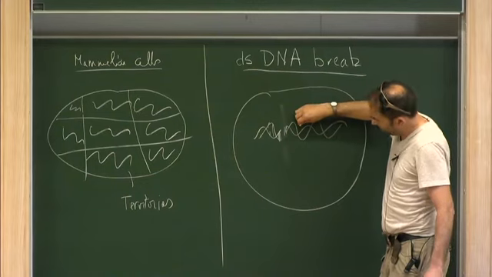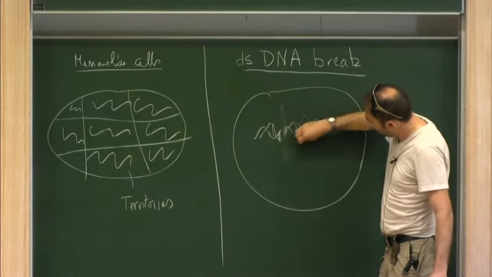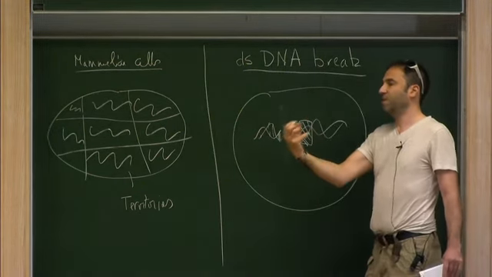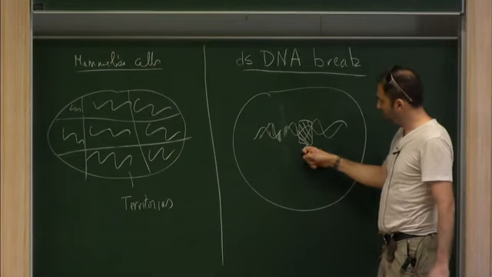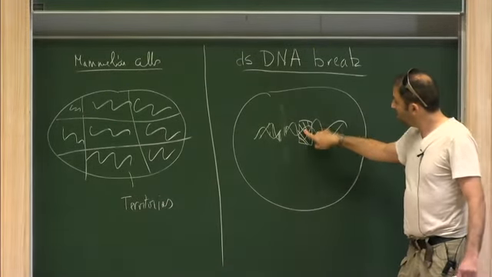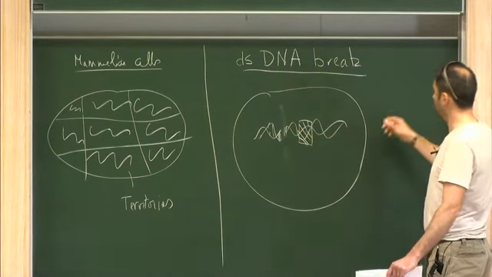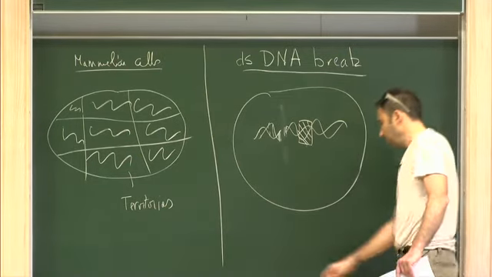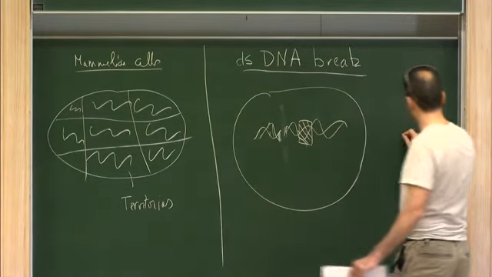experimentalists, people interested in this, can put a label here, something that will emit light, a fluorescent dye. And you can get trajectories of this. Under the microscope, if you have a trajectory, let me draw it in a different color.